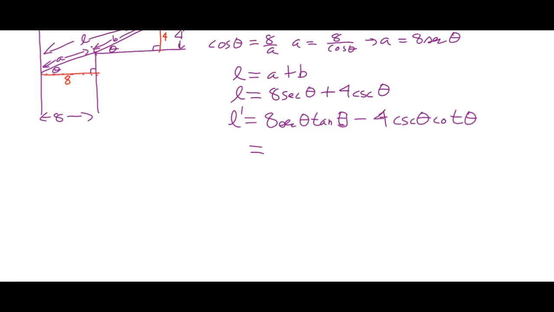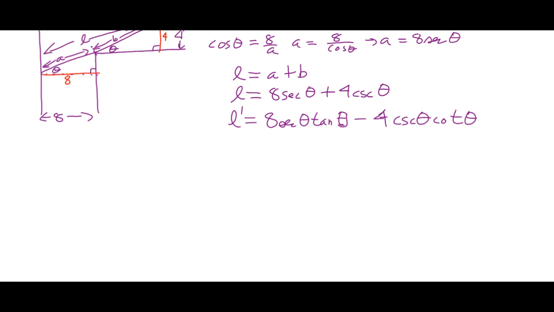Okay, here's where the trick comes in. What we're going to do is multiply through by sine theta tan theta. Oh, well, first let's set it equal to 0. We're not going to do the second derivative.